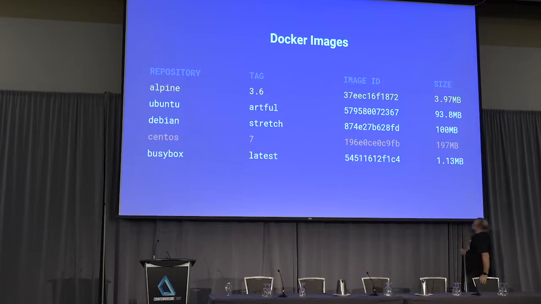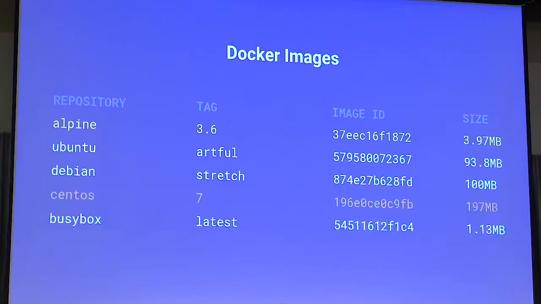Whereas if you start off with an Alpine, you're looking at about 4 megabytes, which is a huge difference when it comes to network throughput. When you start pushing and pulling these images, it becomes important. I would not recommend starting with a BusyBox if you're new to containers, because you'll find that a lot of your binaries are not there, and this will give you some extra headaches.